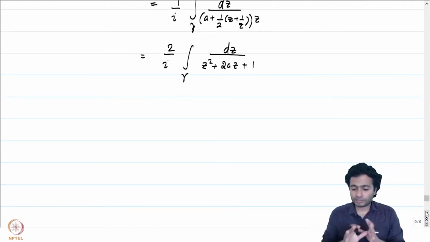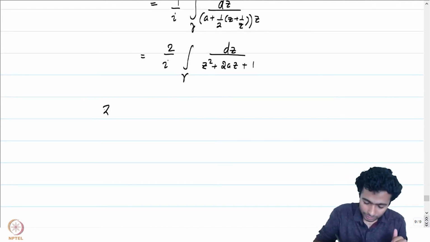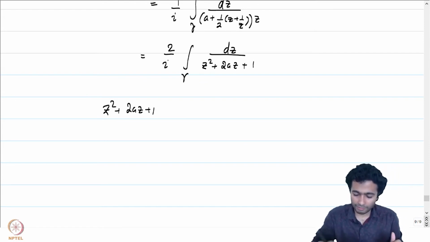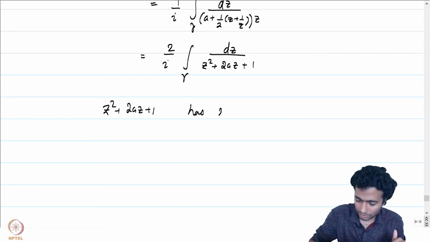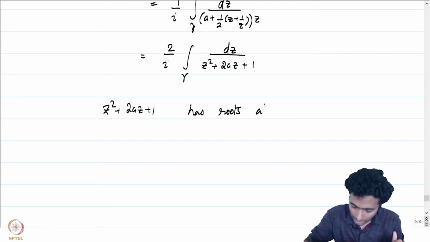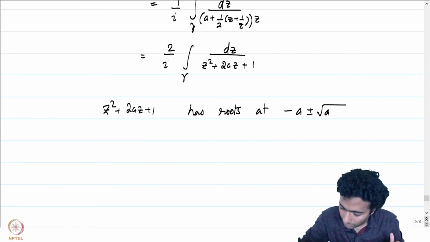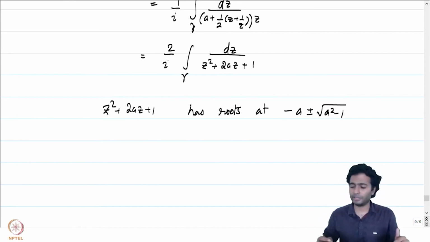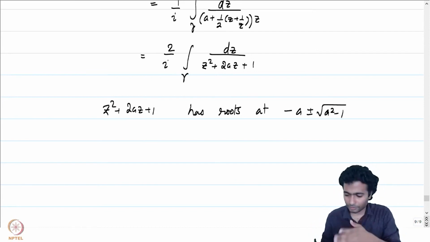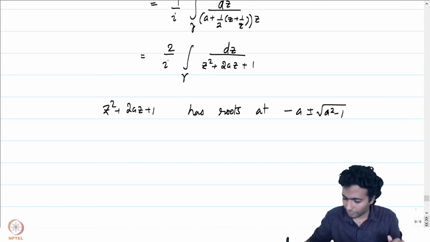Now, let us focus on z square plus 2az plus 1. This will have roots, and I will leave the checks to you, at minus a plus or minus square root of a square minus 1. These are going to be the roots, right? The 2's will cancel off, and this is what it will be.